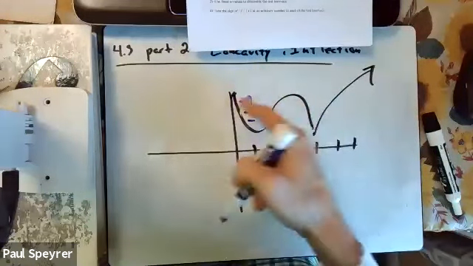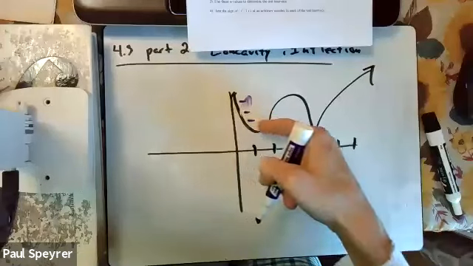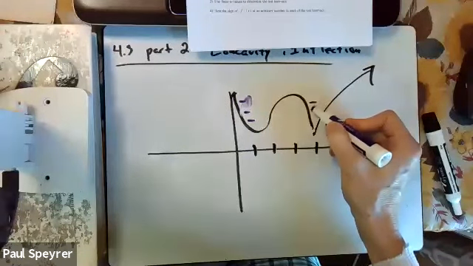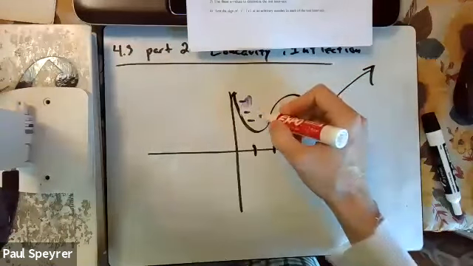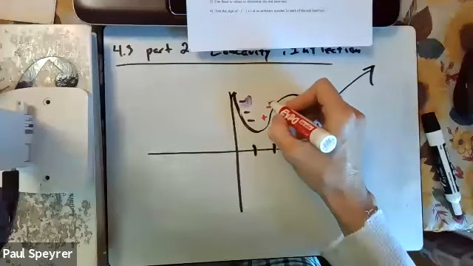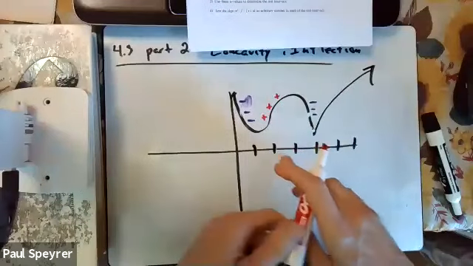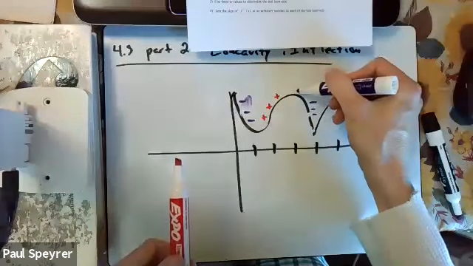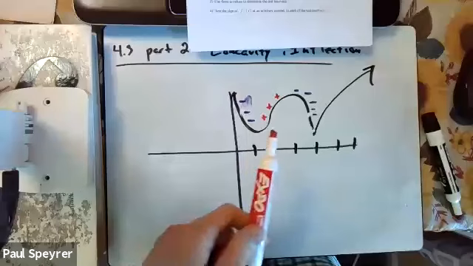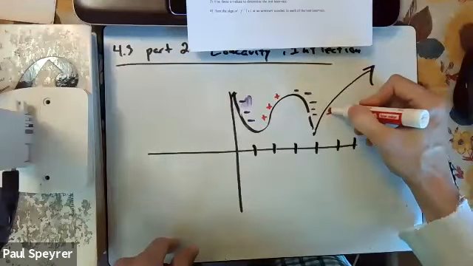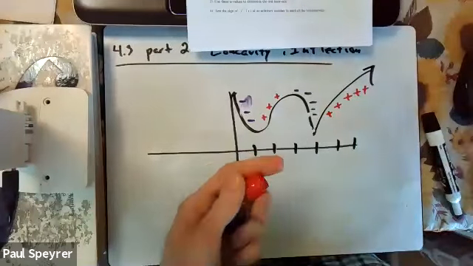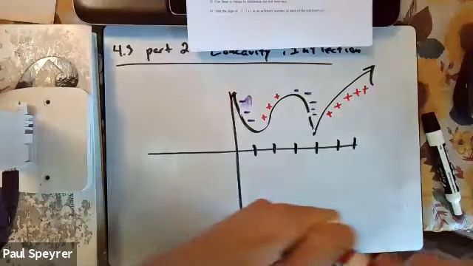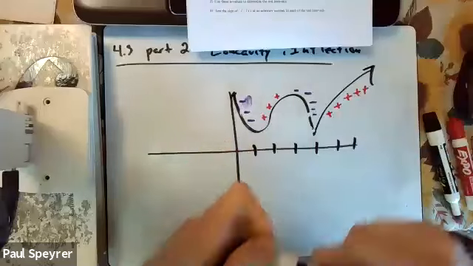Because if we read a graph from left to right, we're going down the hill. Also, we're decreasing right here. And then we could also say, oh yeah, we are increasing along that portion, right? And we're also increasing along this portion right here. And remember, increasing and decreasing are always done with respect to x, correct?